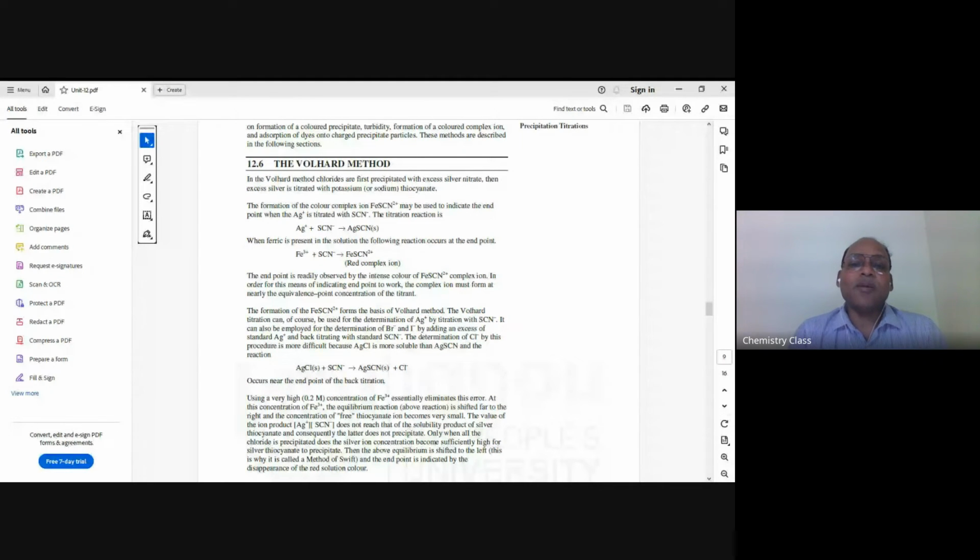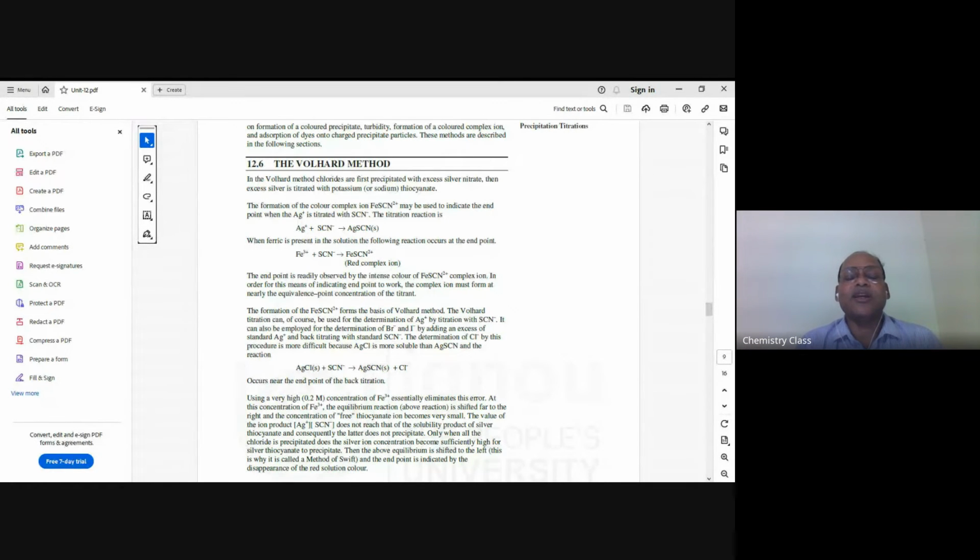This is the Volhard method, where the chloride is titrated against silver nitrate and then the excess silver is titrated with potassium thiocyanate. Ultimately, at the endpoint FeSCN2+ will be formed, which is a red complex ion. The endpoint is readily observed by the intense color.